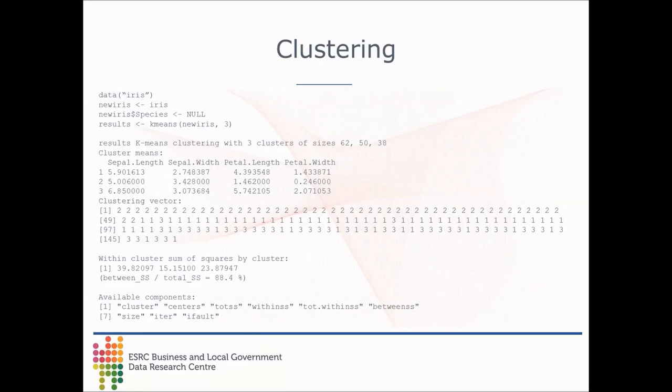And from 97 to 144, again, most of the clustered data is within the third cluster, some within the first. Then we have some statistics based on that, and we've also got available components.